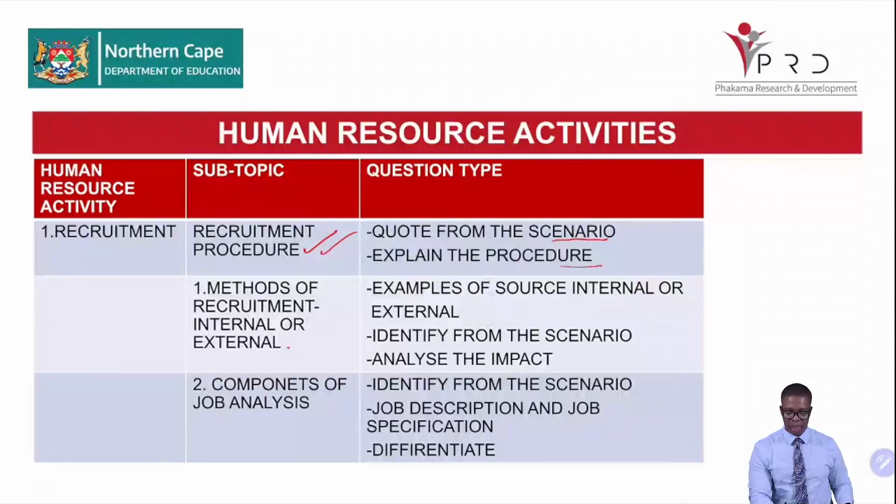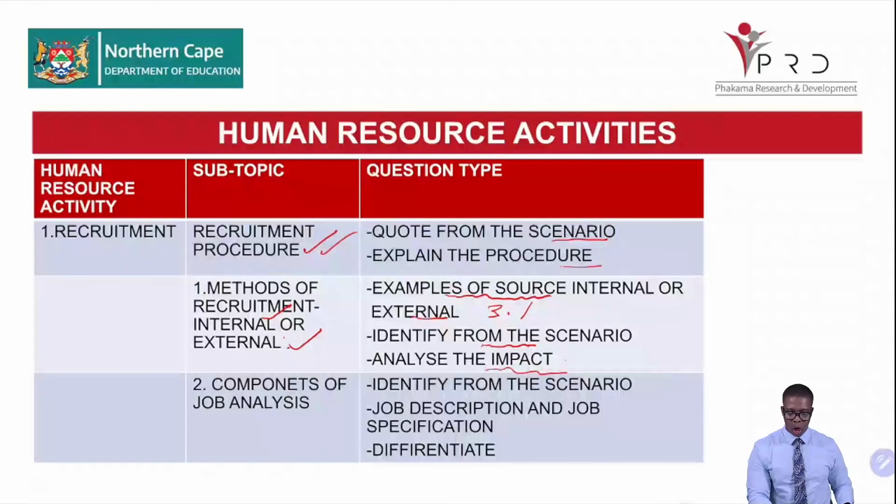Another one could be identifying the recruitment methods, either internal or external. Or when we look into the question, they might say, name the sources of internal or external, which might be your 3.1. It might also mean identify these sources or recruitment methods from the scenario, either internal or external, thereafter explain their impact.